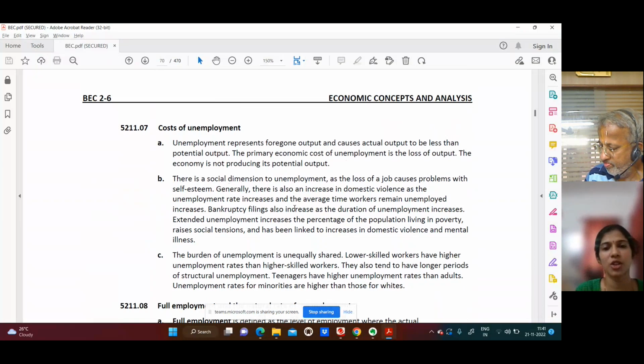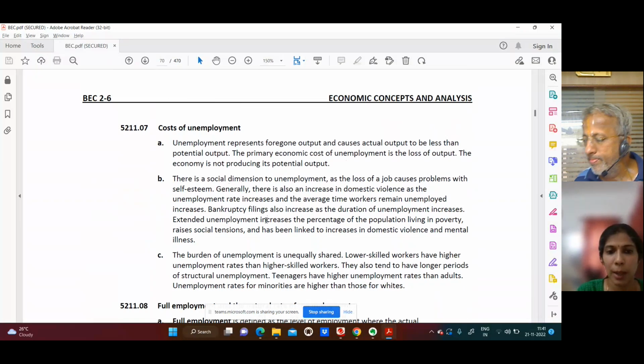Your social dimension, your self esteem is coming down a bit. And bankruptcy filings are really increasing. People are not able to manage their day to day expenses because you're not employed, so you are filing for bankruptcy. And then the burden of unemployment is unequally shared, which means that lower skilled workers have higher unemployment rates than higher skilled workers. Why is it so?